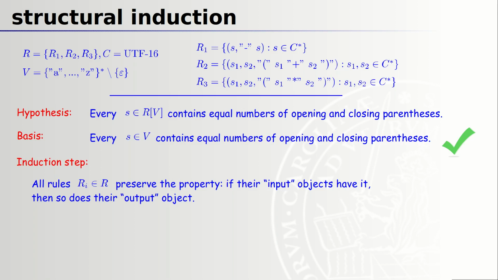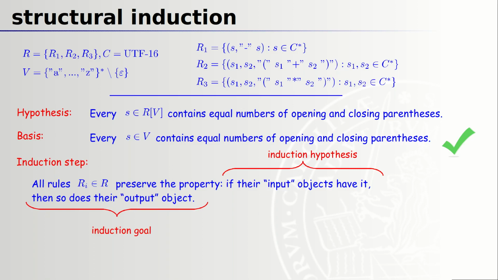In other words, the induction step consists of showing that all the relations used as rules or generators to inductively create the set preserve the property. The induction hypothesis then is that the input objects have the property, and we need to show that this implies that so does the output object, which is the induction goal.